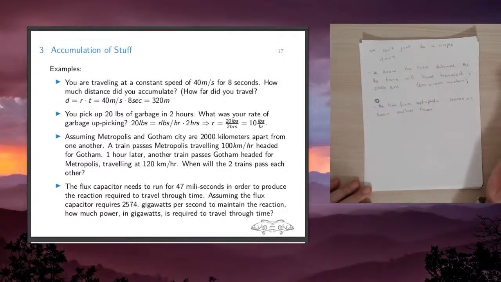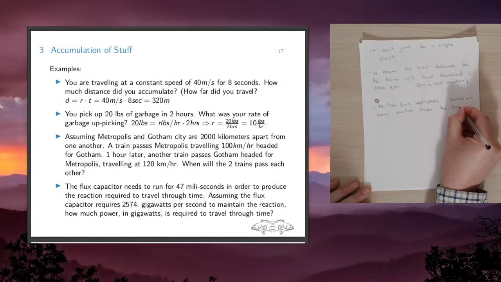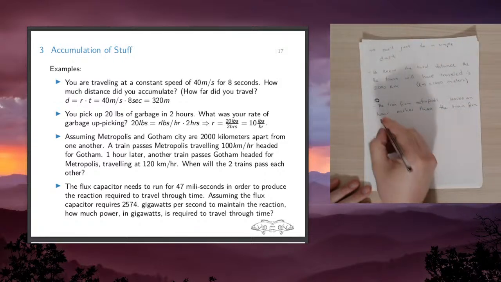This leaves an hour earlier than the train from Gotham, which is pretty obvious. I mean, it just says it in the statement there, but sometimes it's nice to separate all this.